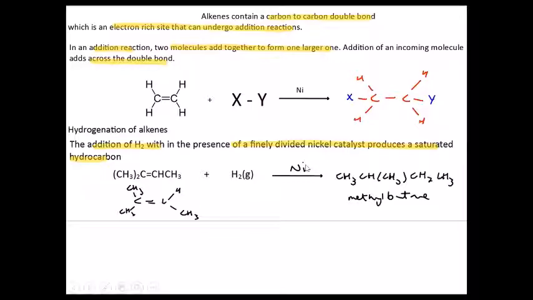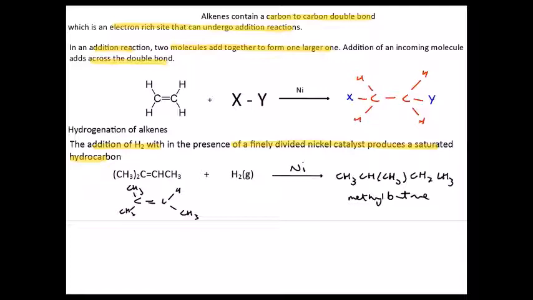What will happen here is the double bond will break and an extra hydrogen will add to each end of the double bond. This is a condensed formula, so we'll show it in detail in the animation. The extra hydrogen will add to each side of the double bond, and we go from an alkene to a single-bonded alkane again.